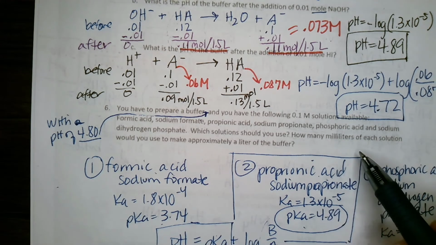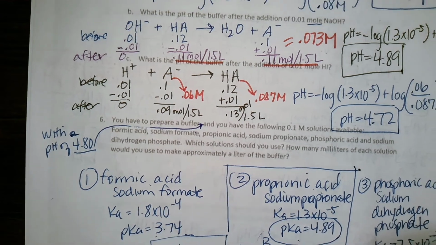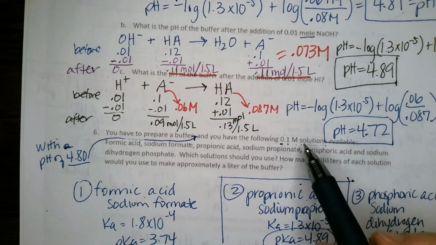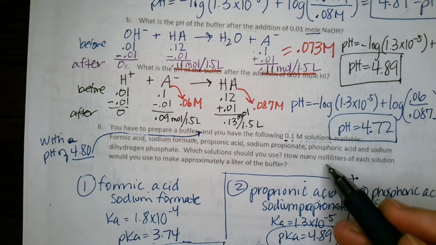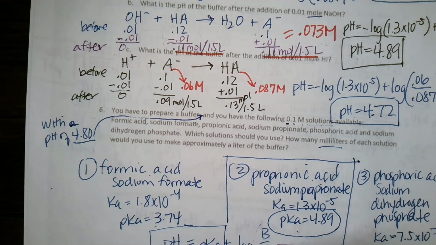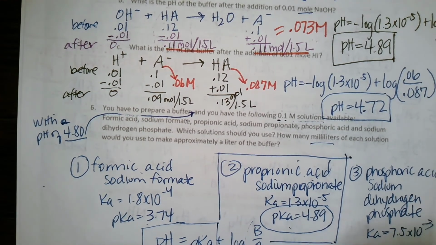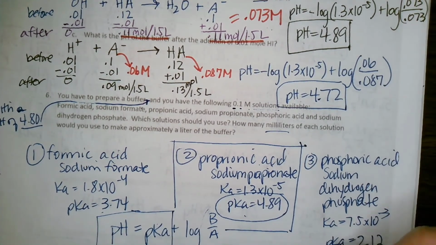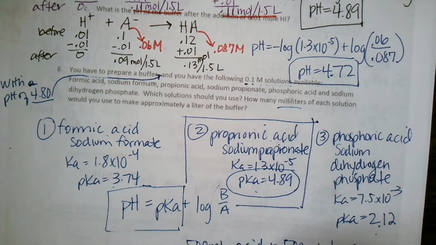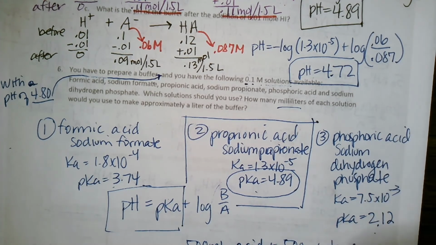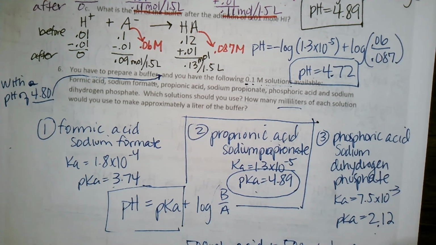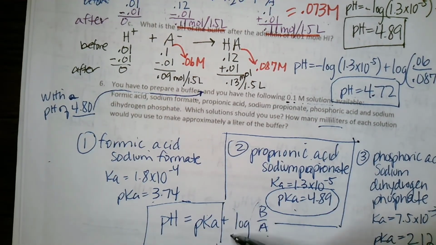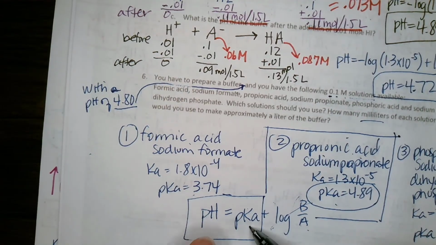So if we have the same number of moles of each of these, which I'm assuming that we do, because we have 0.1 molar solutions, so the same concentration, we would just want 500 milliliters of each, 500 milliliters of our acid and 500 milliliters of our base to give us 1,000 milliliters or 1 liter total. Because again, if we have the same concentration, then we take that part of the equation out and we have our pKa equal to the pH.